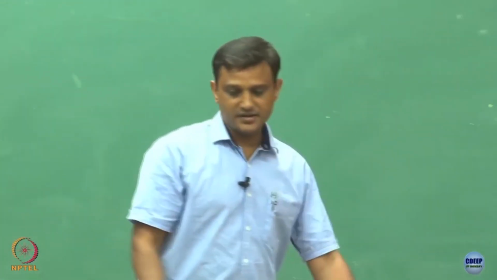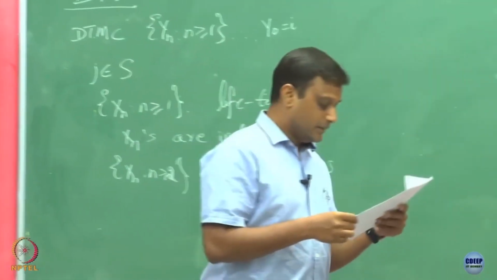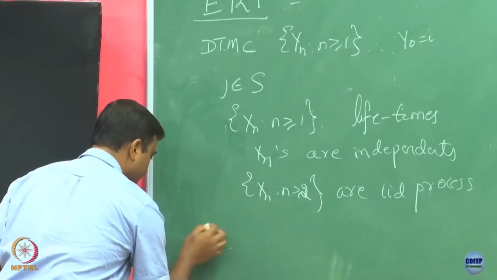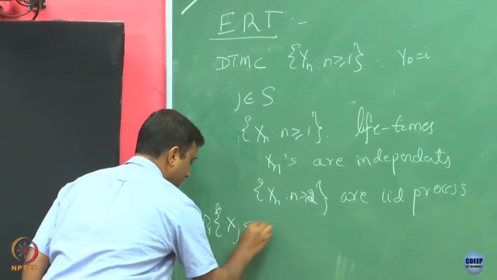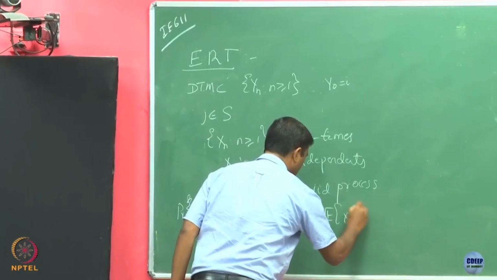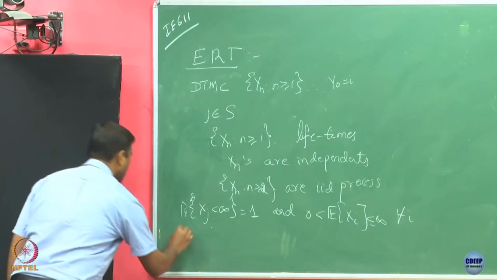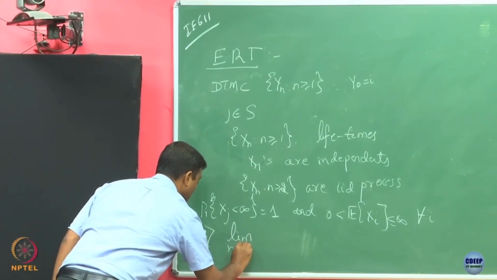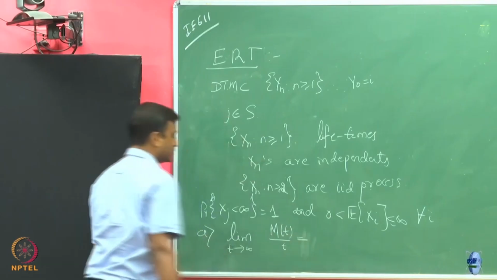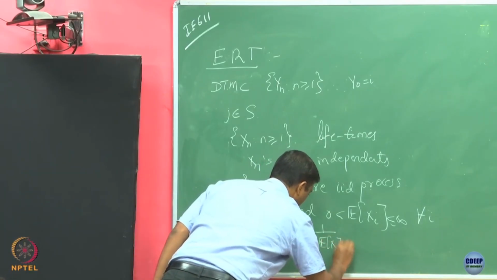Now, if you consider this case, then our elementary renewal theorem said, under the hypothesis that the probability that xj is finite is 1, that the limit as t tends to infinity of m of t by t is equal to 1 by expectation of x2 almost surely.